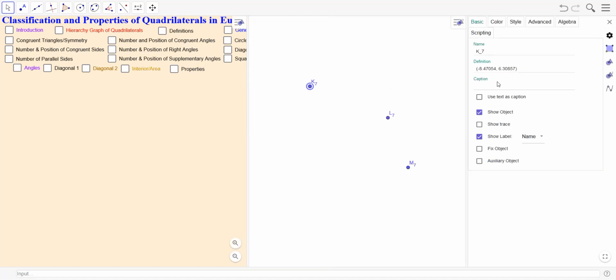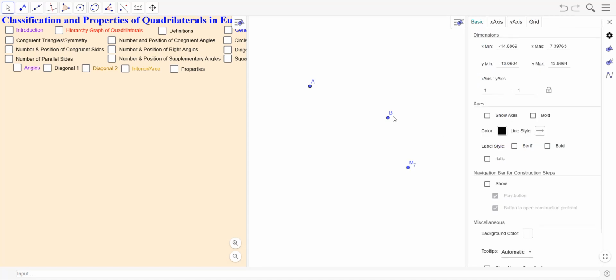I can go to the settings and change the label, the caption on it, to A, B, and C. And then use your line segment tool to complete the sides.